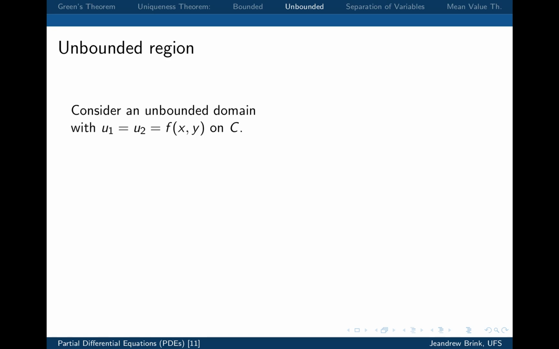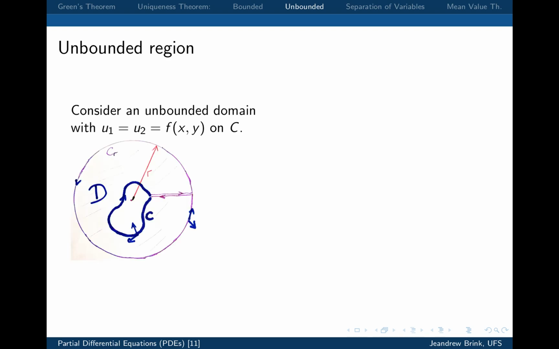You have an unbounded domain, and you have u1 and u2 specified on that boundary. So you have this situation, okay? So you have a boundary over here, the blue boundary, u1 and u2 are specified there, and you're interested in what the function looks like outside.